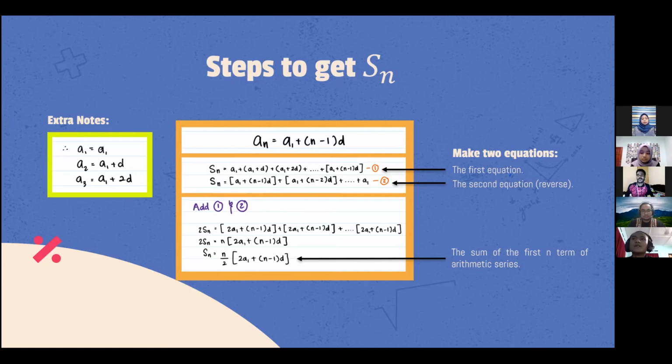The answer for the sum of the first n terms of the arithmetic series is Sn equals n over 2 times (2A1 plus (n minus 1)d). So this is the step to get Sn.